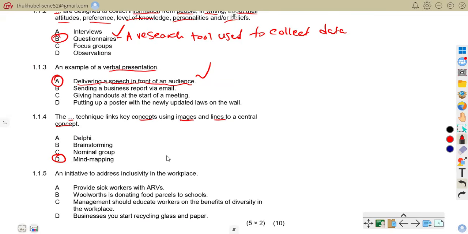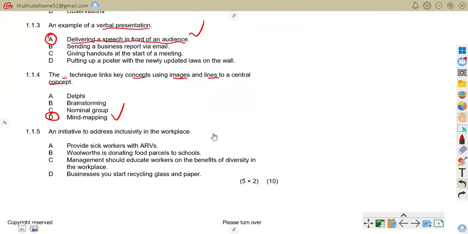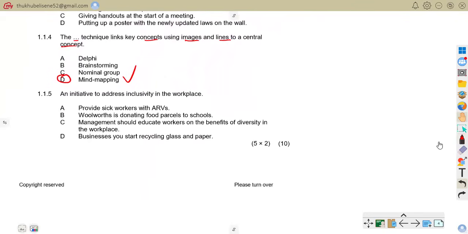As you know, mind mapping is a visual tool for brainstorming, organizing, and visualizing relationships. That is why we go for this as the best answer. Hope you're still on one page. Hope we are still understanding each other.